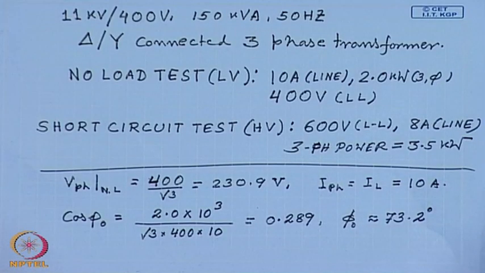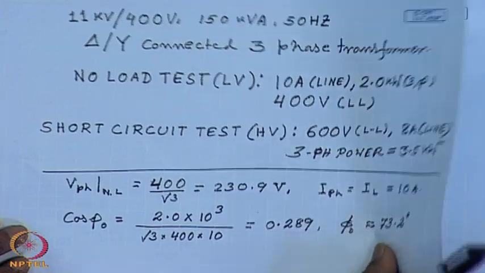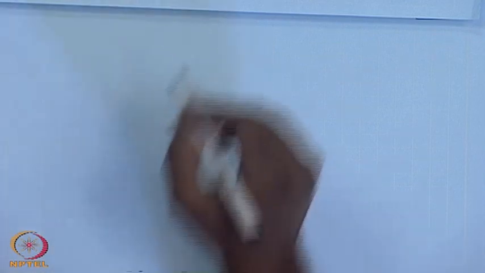The other important operation parameter of a 3-phase transformer, as in the case of a single phase transformer, is its efficiency, and efficiency of a 3-phase transformer can also be found from the no load test data. For example, if we go back to our previous example of that 11 kV by 400 volt 150 kVA 3-phase transformer, with this no load and short circuit test data, we can find out its efficiency under any loading condition.